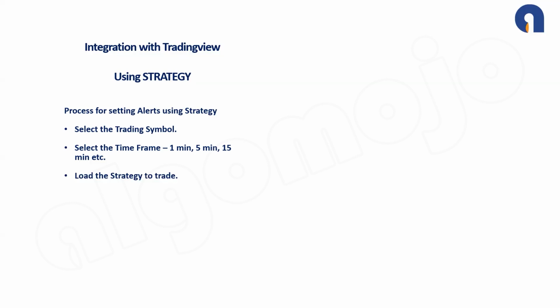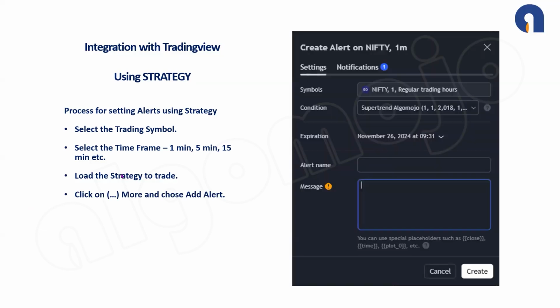Then load whatever is the strategy that you want to automate. Then create an alert. Click on that alert button. It will give you a pop-up box. If it's a strategy, then there is just one message box to be updated with the code that we give, a name, and under notification, paste the webhook URL. That is all of the process that is involved.